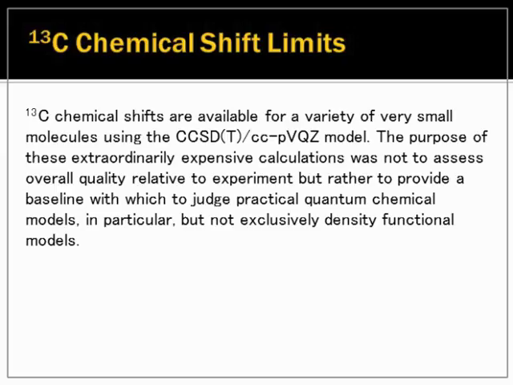There have been a couple of coupled cluster calculations. These are extraordinarily expensive, but they're valuable in the sense that they're telling you what the limit of the theory is, or perhaps what the limit of precision of the experiments is. So how close can I actually get to comparisons that are meaningful?